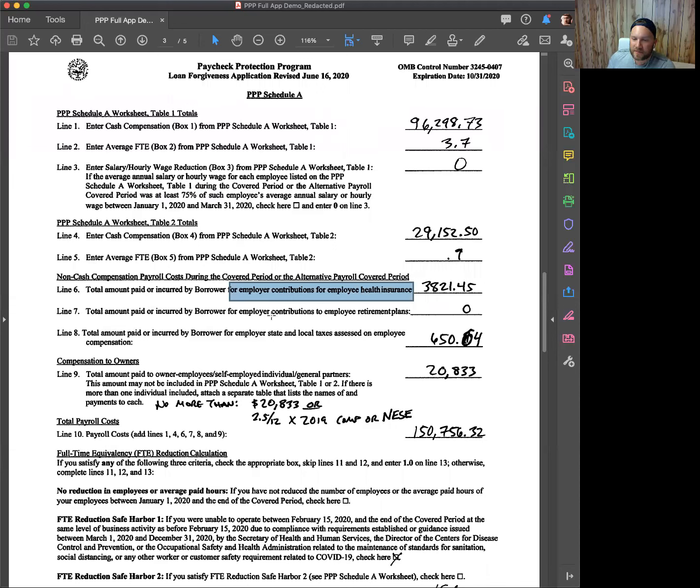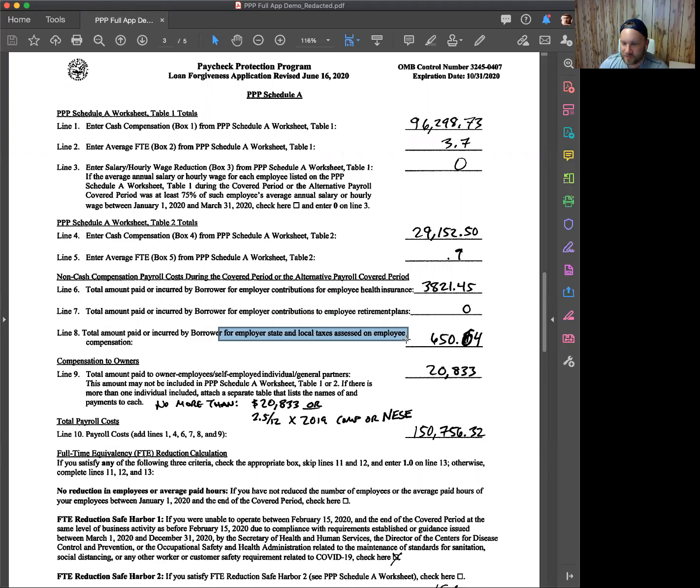The amount paid for employer contributions to retirement plans, okay? Again, not the part deducted from the employee, but the part that you matched or paid in as the employer. And lastly, employer paid state or local taxes assessed on employee compensation. What does this mean? Not Social Security or Medicare, not federal unemployment.